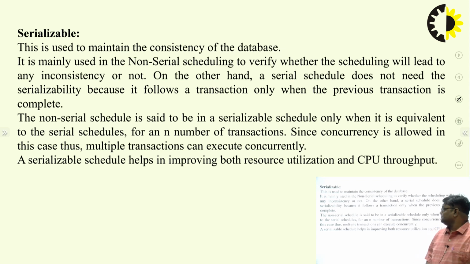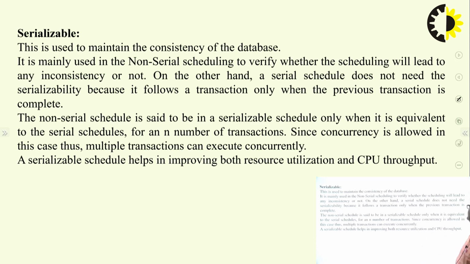A non-serial schedule is said to be a serializable schedule only when it is equivalent to a serial schedule. So we have to prove that it behaves like a serial schedule; only then can we say the database will remain in a consistent state, and we know that in a serial schedule the database will be in a consistent state every time.